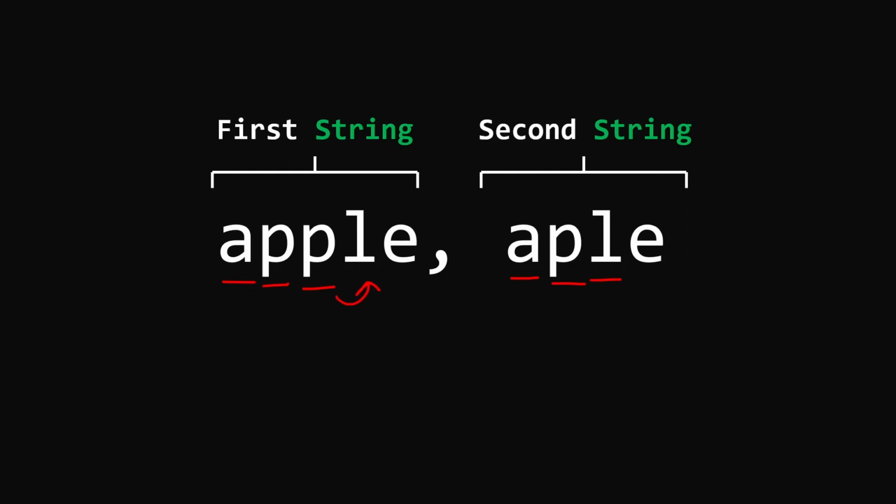We want it to advance one letter and then keep the second string at that same letter, because remember, this is a removal. So we just want to check the next one now. Does the L equal the L? It does. And then does the E equal the E? It does. And this was only one edit away, so we just return true.